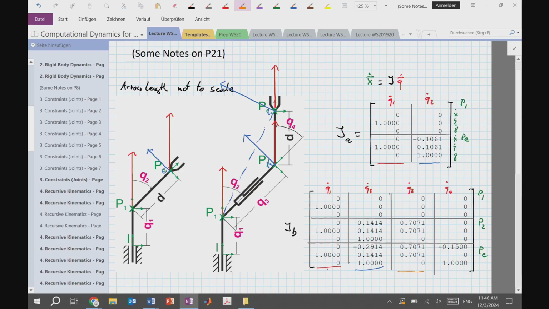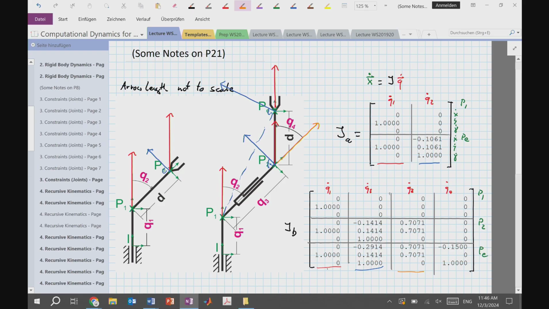What about this one? So joint Q3, how should I draw that? In the same direction of P1 to PE.